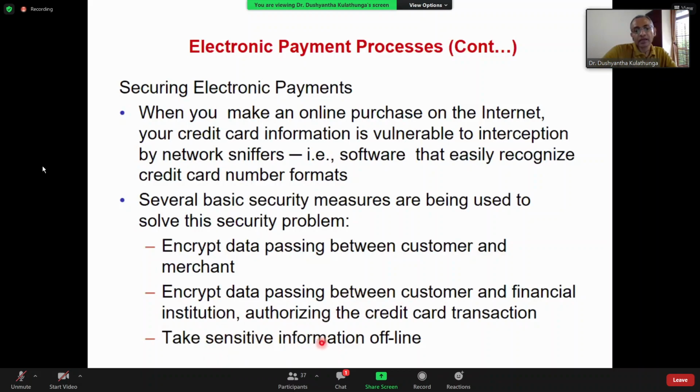And also there can be some other methods like taking sensitive information offline. You may get some information offline, not online. So, for example, when it comes to dispatching of an ATM card or a credit card, you need to use the traditional method of post to dispatch these credit cards and debit cards.